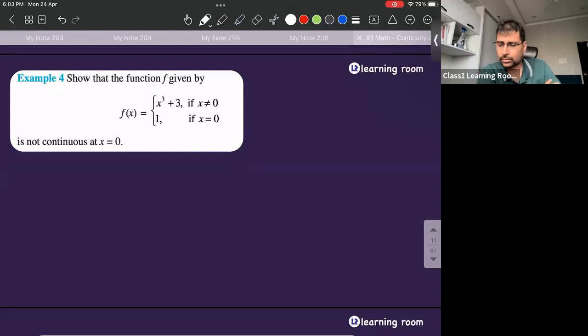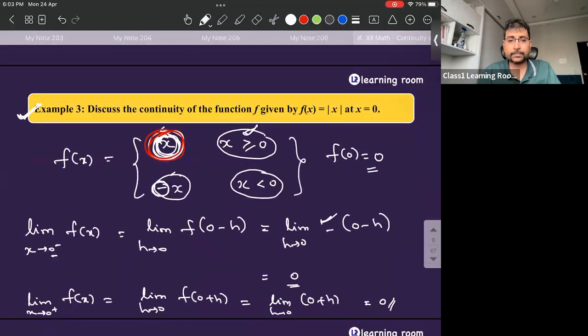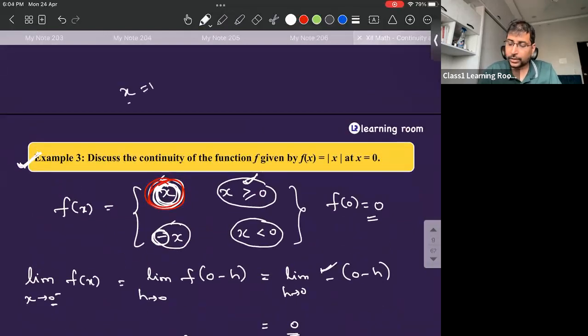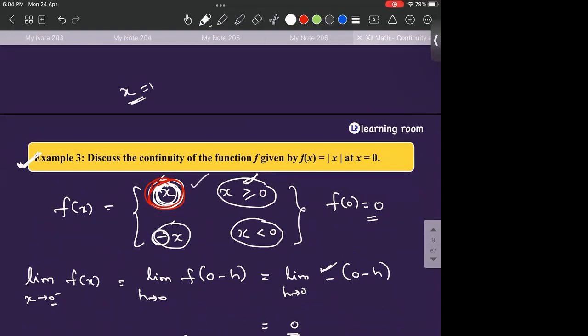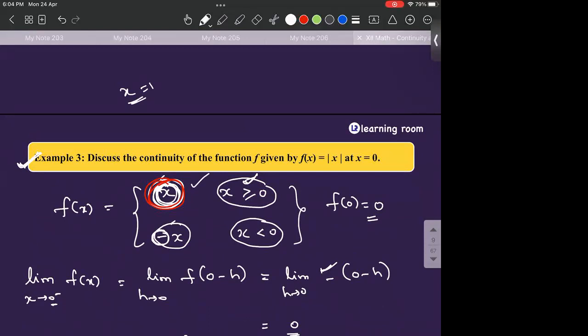No. You're breaking this function at which point? At 0. For example, if they ask you to check the continuity of the function at x is equal to 1, what function will you consider? You will only consider x, no. Whether it is left limit or right limit, you're going to consider only one. Okay, got it, sir.